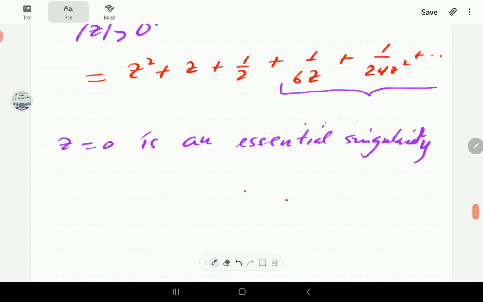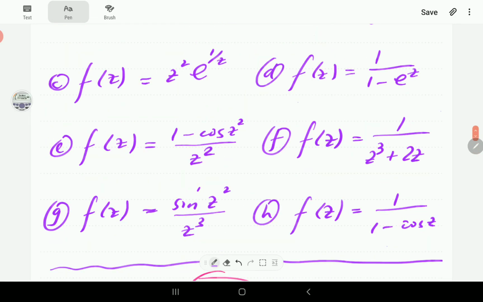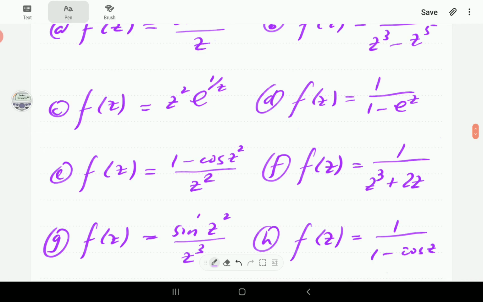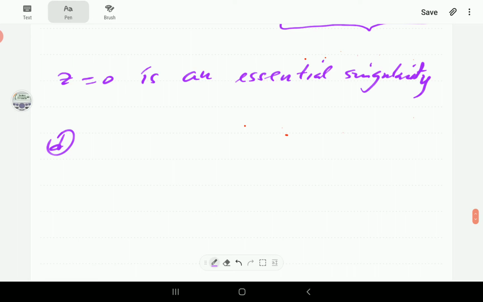Okay, let's see. In D, we have f of z equals 1 over 1 minus e to the z. So as you can see, when z equals 0, it's going to be 1 over 0.